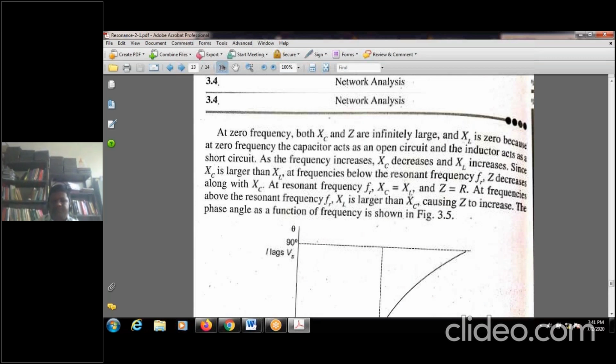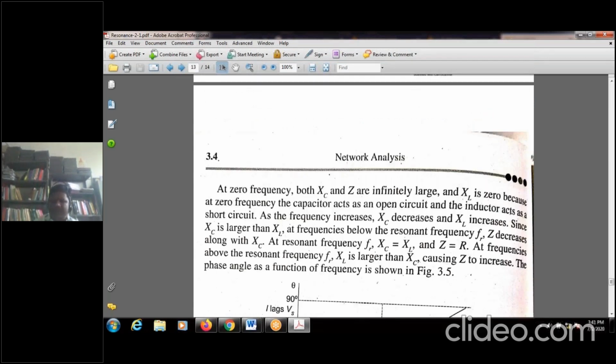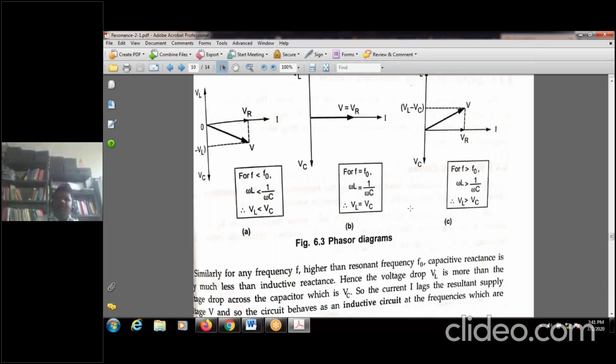Now coming to the phasor diagrams. Here the phasor diagrams are for three cases: below the resonant frequency, what is the situation? At the resonant frequency, what is the situation? And greater than the resonant frequency, what is the situation?